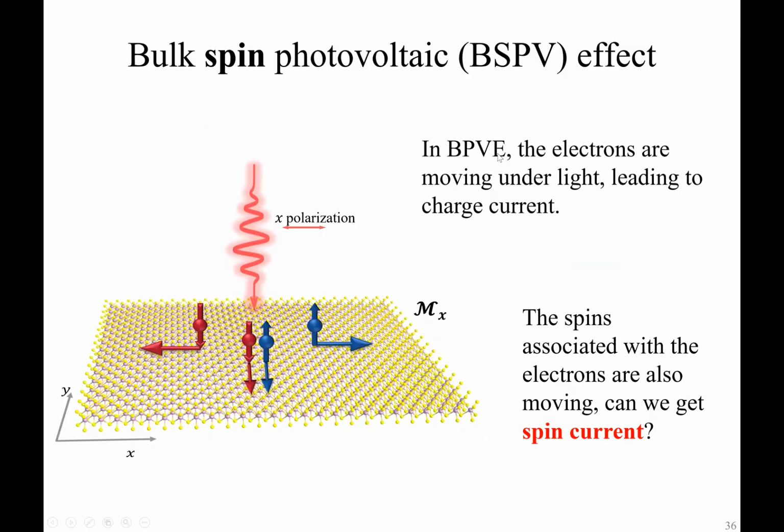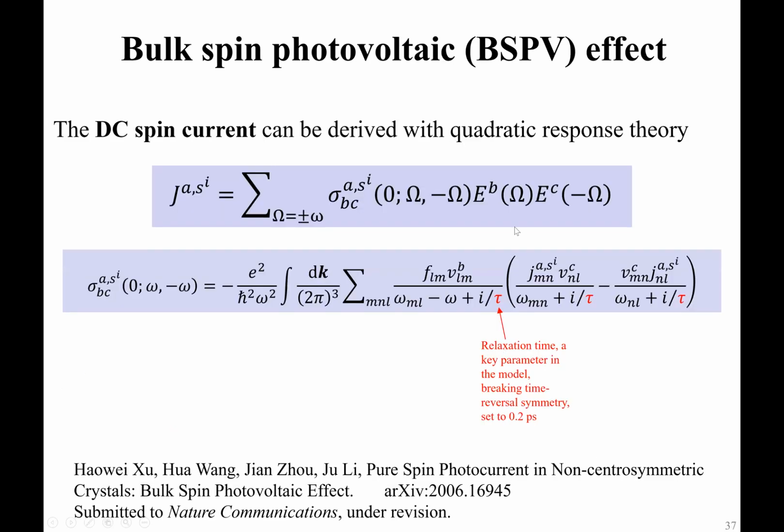So in the BPVE, you have this motion of electrons under an oscillating electric field, and you have this DC current. But what about a spin current? We have used the quadratic response theory in DFT, and a very important parameter in this calculation is the electronic relaxation time, which in this simplified treatment we have taken uniformly to be 0.2 picosecond.